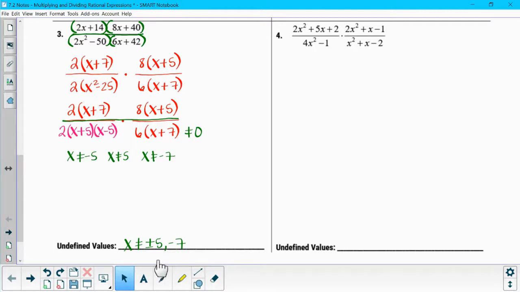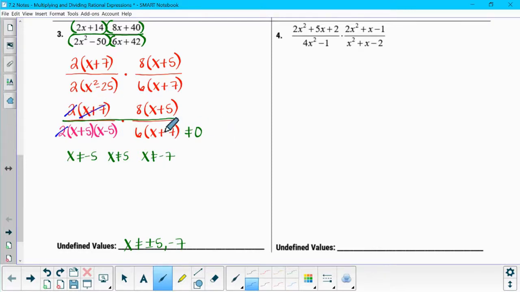Now that I have my undefined values, I'm going to go in and start canceling. So remember, one big numerator, one big denominator. If there is anything matching top and bottom, I can cancel it out. First thing I notice, I have two 2's.